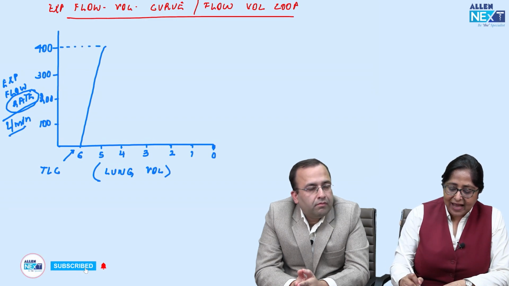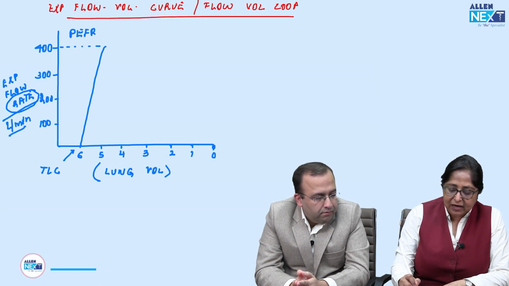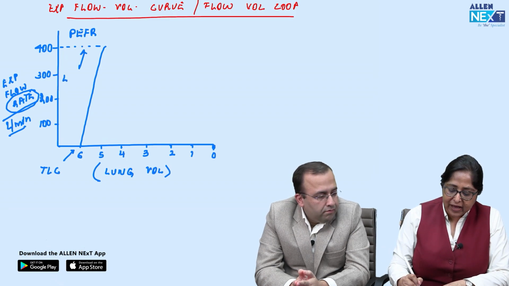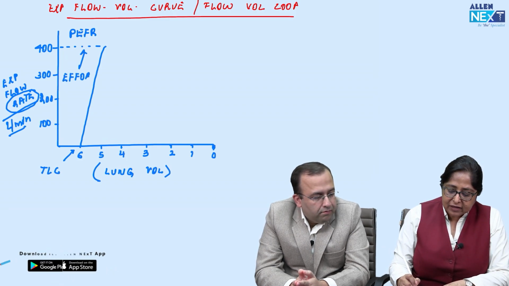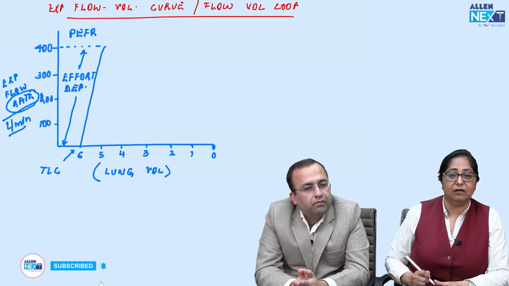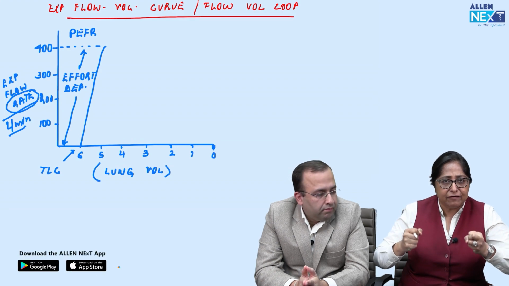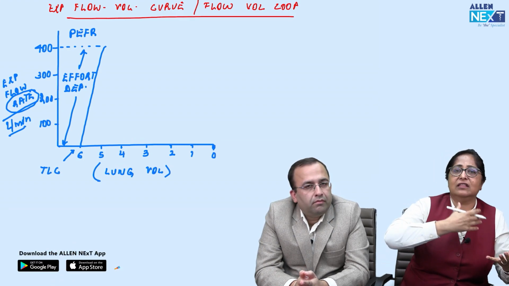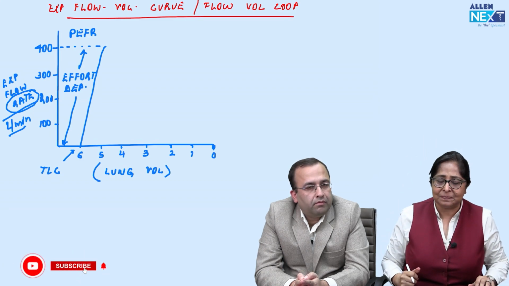This is now known as the peak expiratory flow rate, and this part of the curve is known as the effort dependent part of the flow volume curve. He's exerting effort, he's using his strength to breathe out forcefully, and the expiratory flow rate increases.